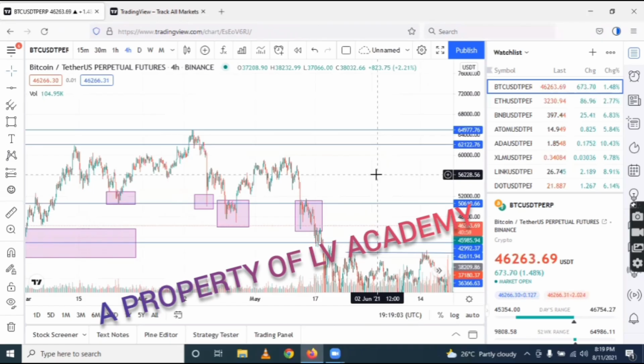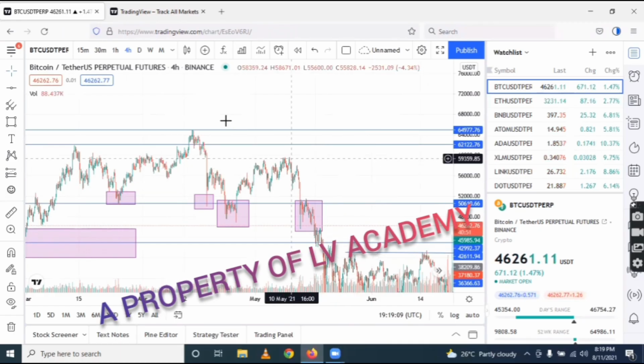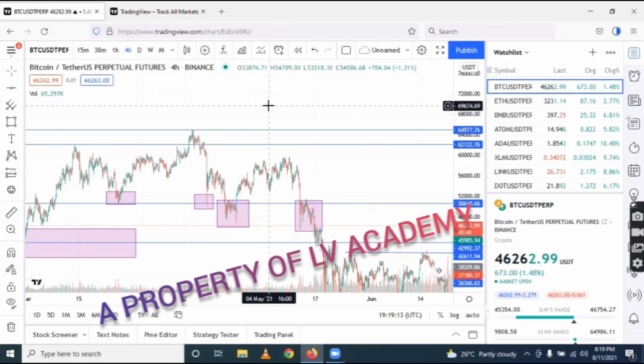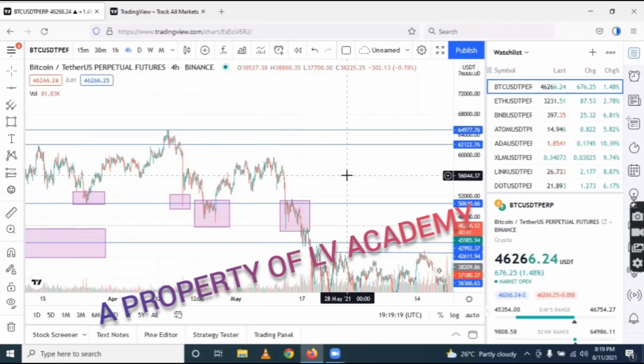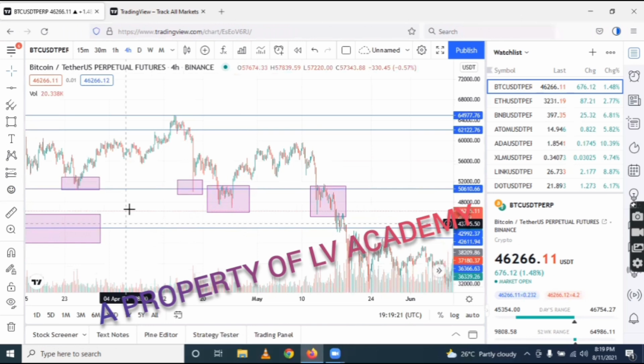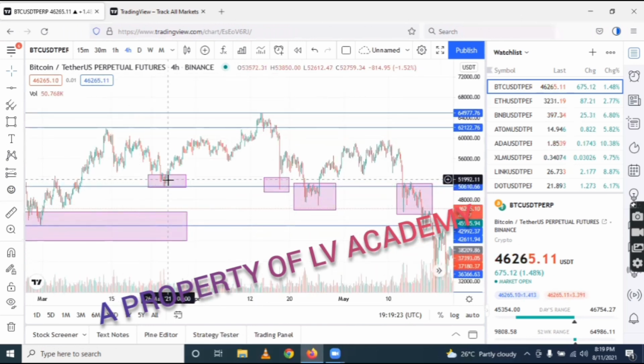The group will be open till tomorrow, so send your assignments there. Just identify the zones: 5 supports that flipped as resistance, 5 resistances that flipped as support. Something like this: it is a support, but it flipped here as resistance. So identify those zones and send to me. It could be via a video or via a picture.